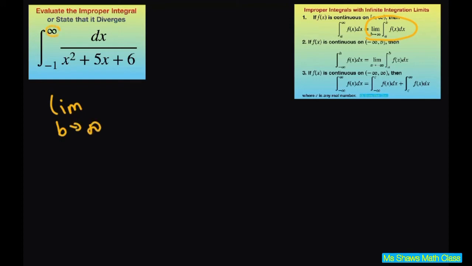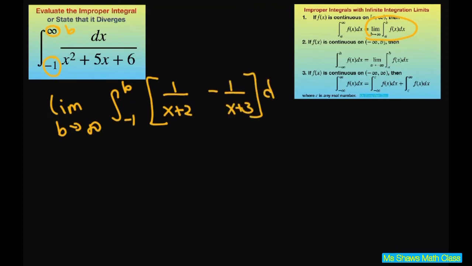So now this changes to b. And we're going to have our a part still negative 1 to b. And I'm going to write this as 1 divided by x plus 2 minus 1 divided by x plus 3. It's a lot easier to integrate. So let's go ahead and integrate this.